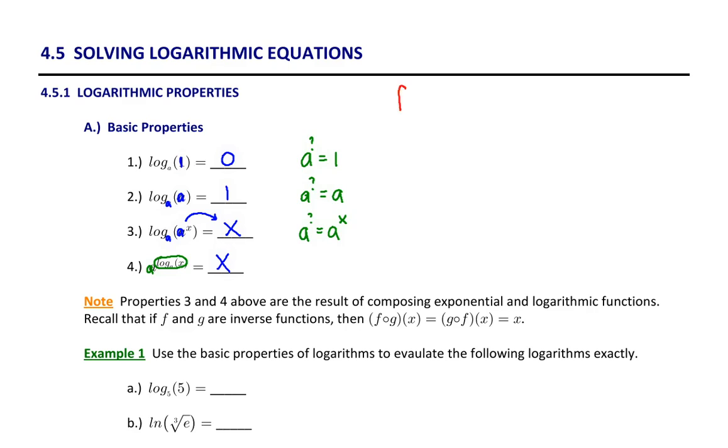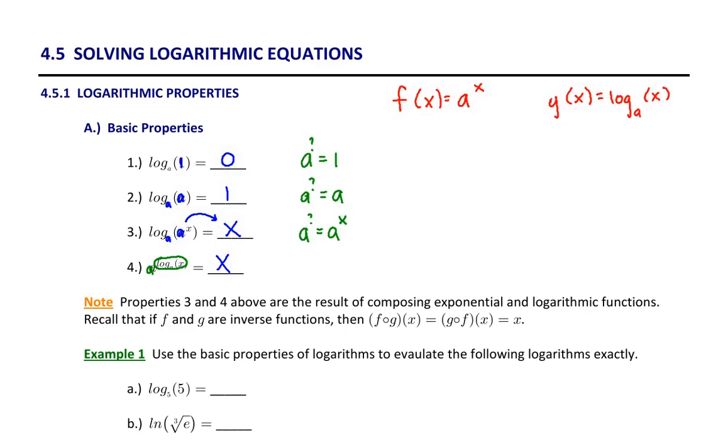So let's assume that f of x represents the exponential function a to the x, and g of x represents the logarithmic function log base a of x. Now we know these are inverse functions. So when I compose inverse functions, I always get x. So it must be true that x equals f composed with g of x.